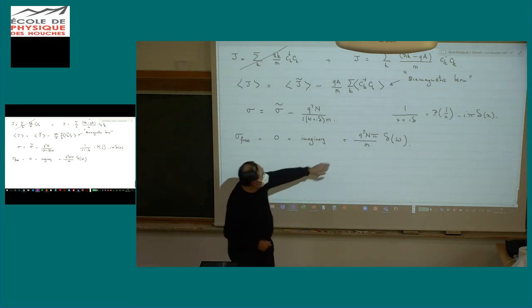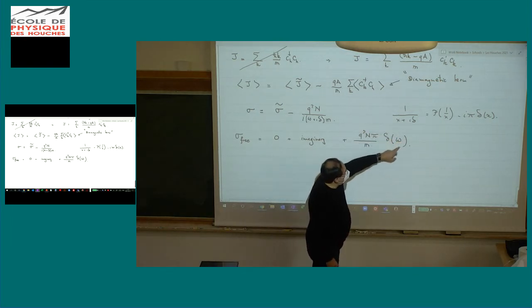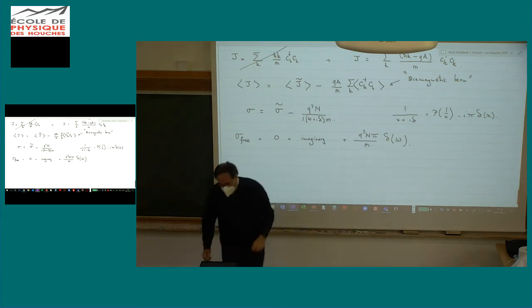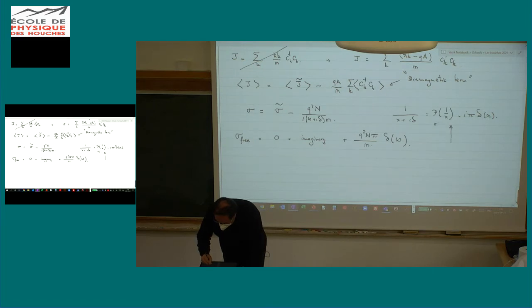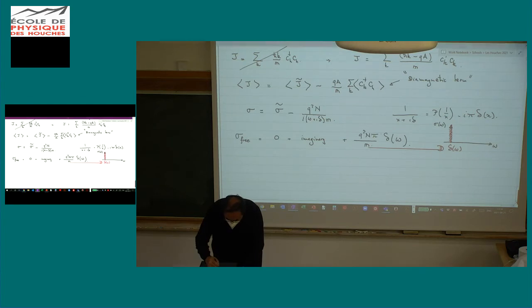And this is the contribution which is infinite at omega equals 0 for the conductivity. So for free particles, what we just showed is that sigma of omega as a function of the frequency is a delta function peak with a certain weight here, which people call the Drude weight.